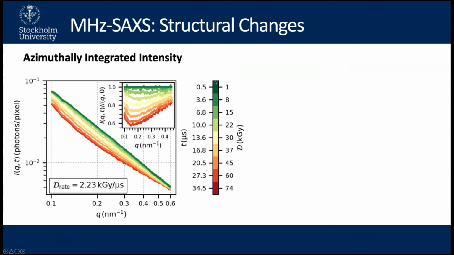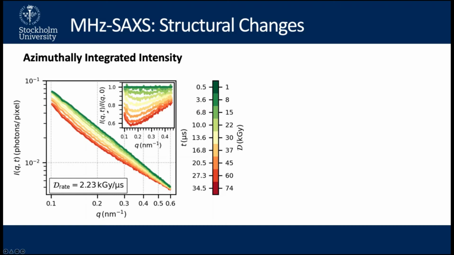Different colors correspond to different times. The green one is earlier times, and the red one is later times, which you can also translate into a certain dose, that is the amount of energy absorbed by the sample. So you can see here it goes from a few kilogray up to nearly 100 kilogray.